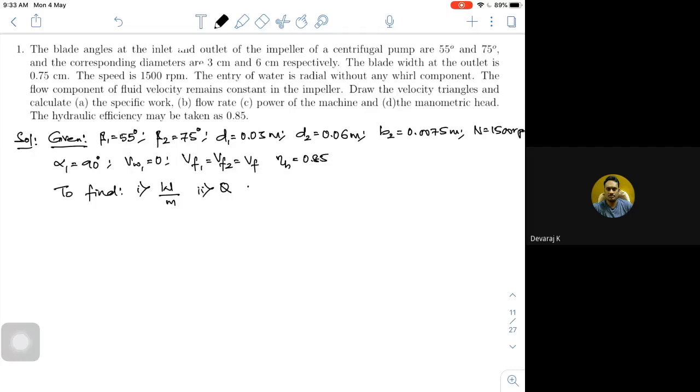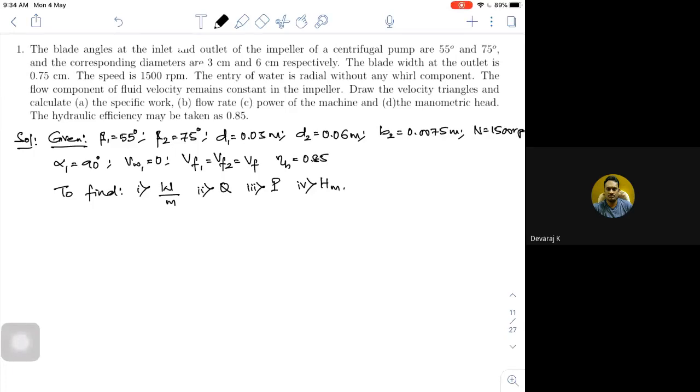The third, we are supposed to find the power input, and the fourth one is the manometric head. These are the four components we are supposed to find. Let us put the velocity triangle, and then we'll try to solve one by one.